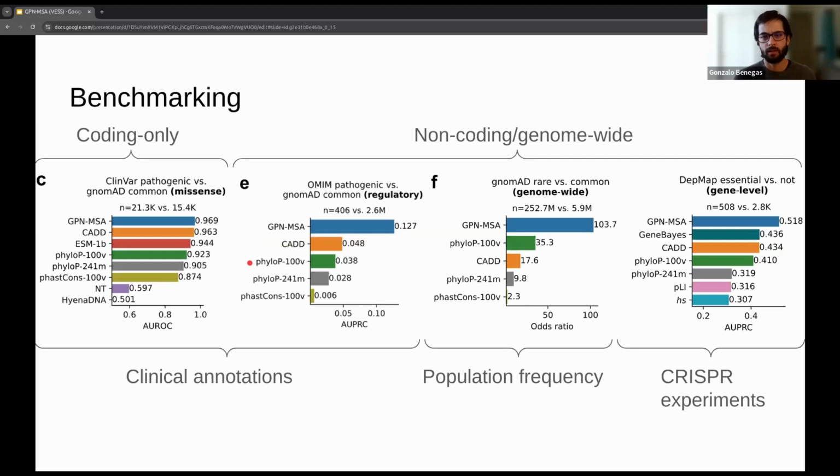PhyloP and PhastCons are conservation scores, whereas CADD combines a wide range of annotations, ranging from conservation to biochemical features and also population frequency data. One drawback of OMIM is that it only has 400 known disease-causing variants. It's really small. So then we look at another database, gnomAD, which has allele frequency.